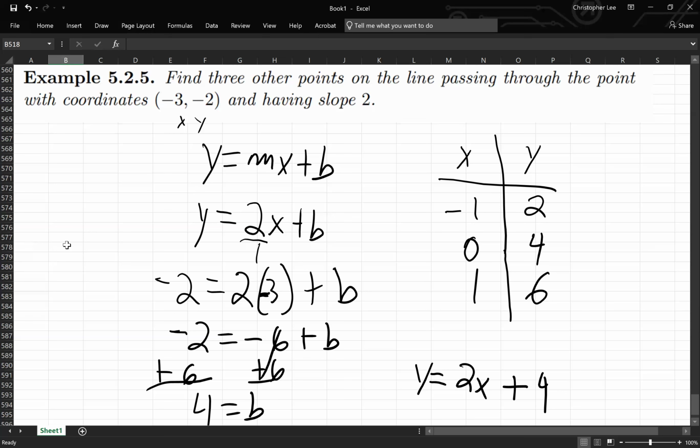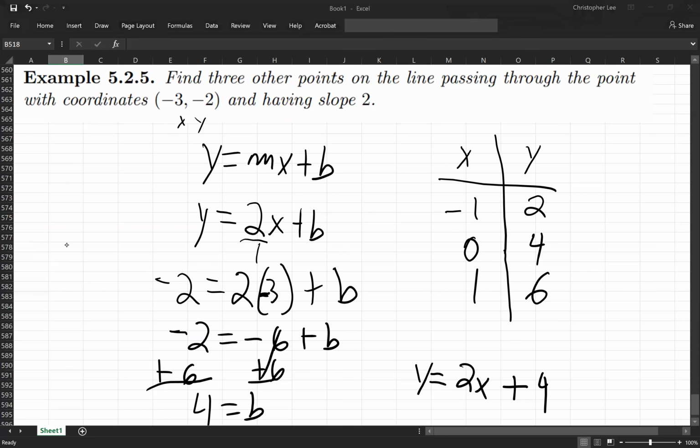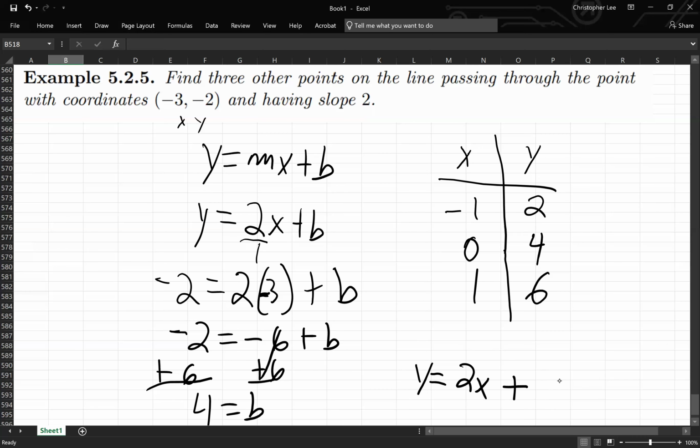That's a 4. My 4s are messy. So that's my table of values: -1, 2, 0, 4, 1, 6.